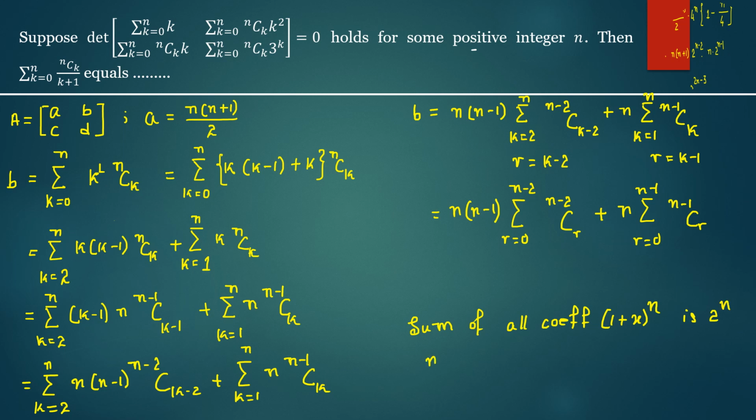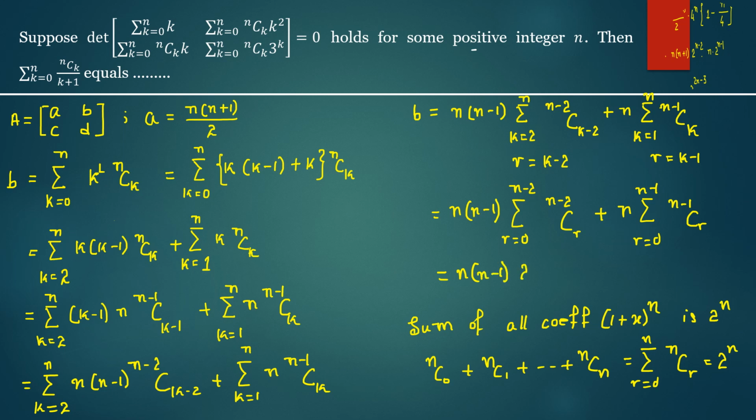That means nC0 plus nC1 plus so on up to nCn. So in summation form, summation r is equal to 0 to n of nCr is equal to 2 to the power n. Now notice carefully, in this particular problem, the first summation will be n into (n minus 1), with (n minus 2) C r there.